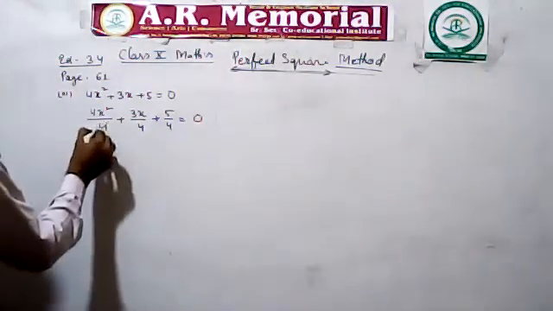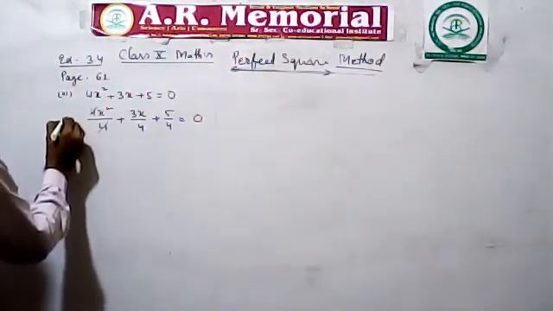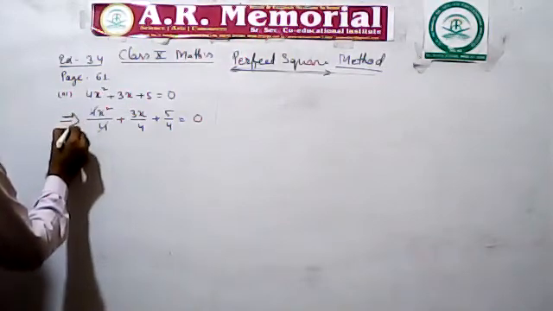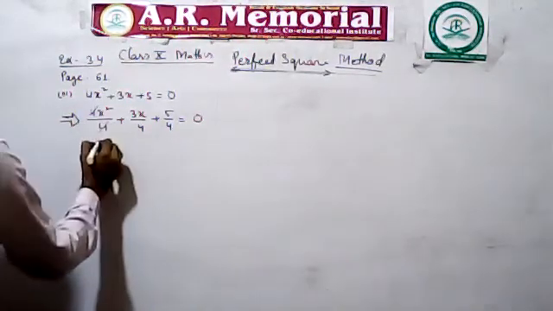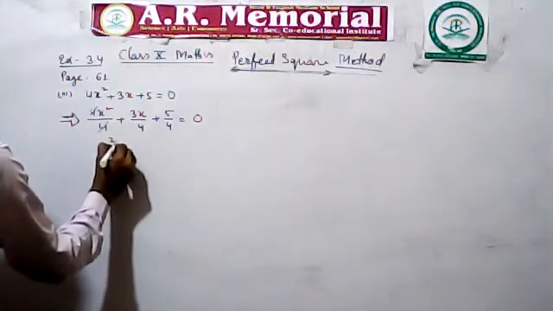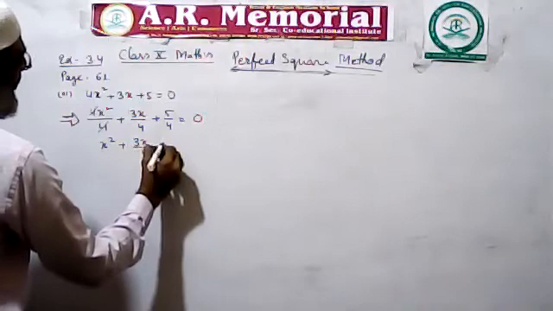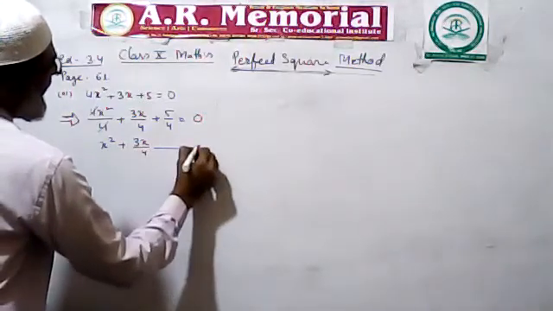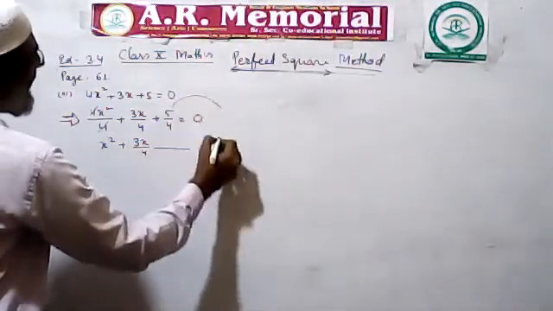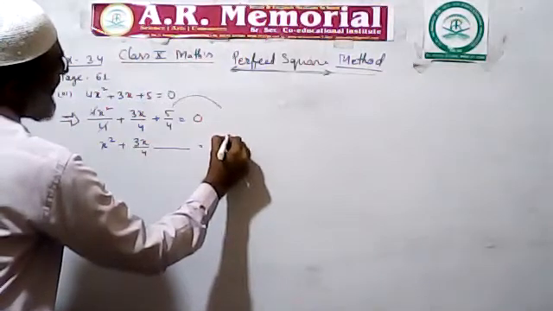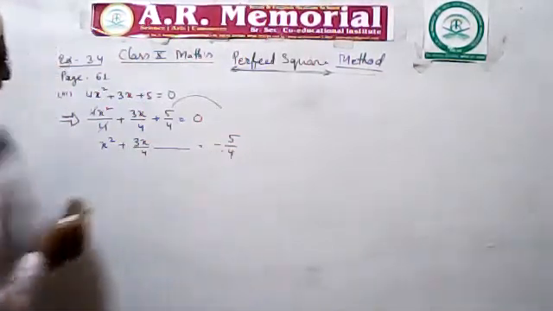Here this 4 and this 4 totally disappear. Now the new form of our question is x square plus 3x upon 4, and the remaining term goes to that side, minus 5 upon 4.